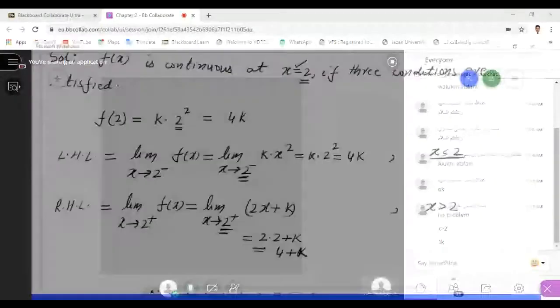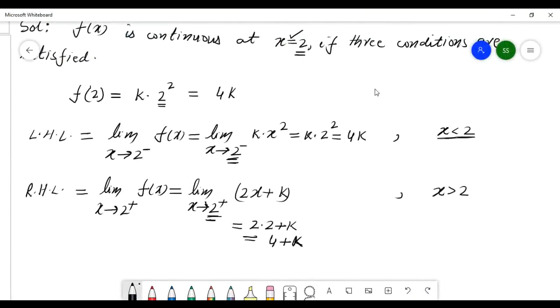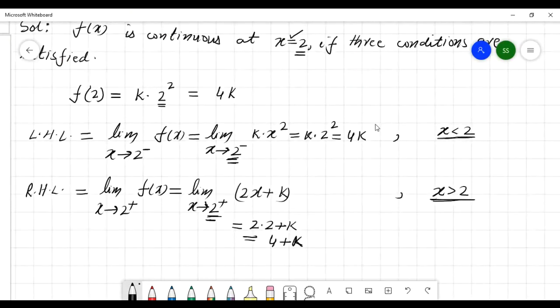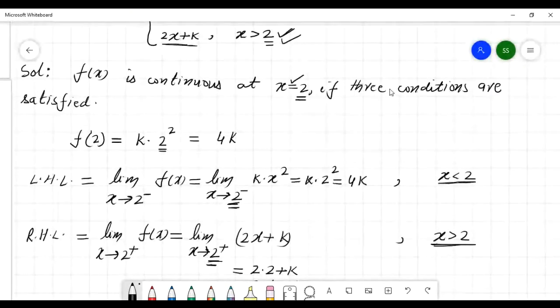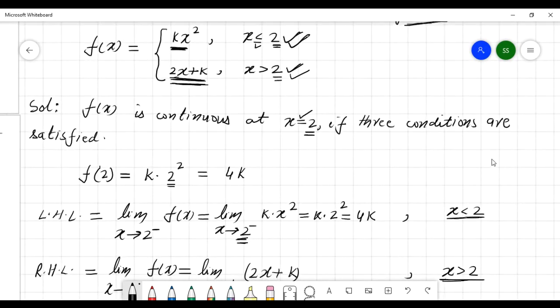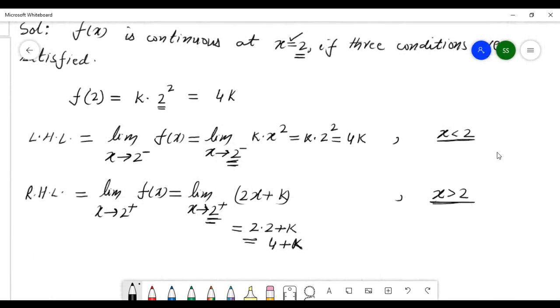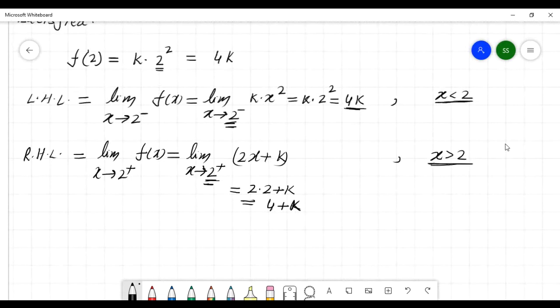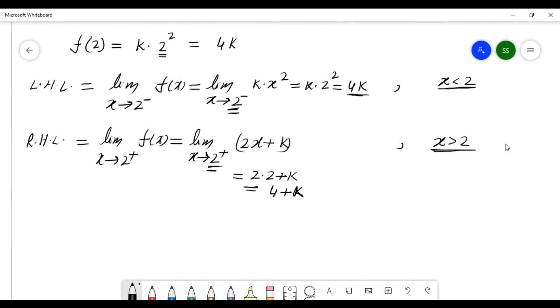Here x greater than 2 means this function, 2x plus k, is the function used. The right hand limit is 4 plus k and the left hand limit is 4k. When does the limit exist? When the left hand limit and right hand limit are the same.